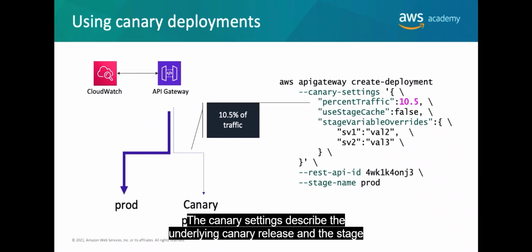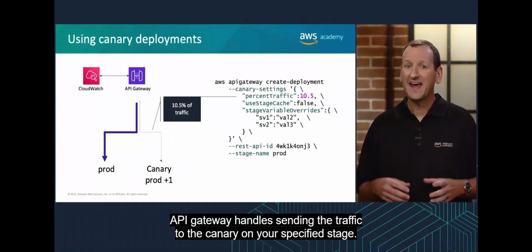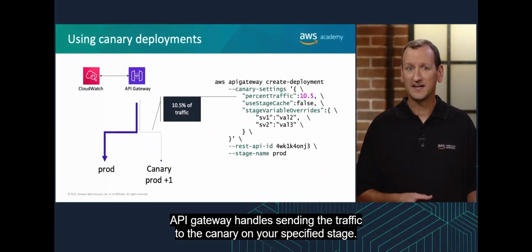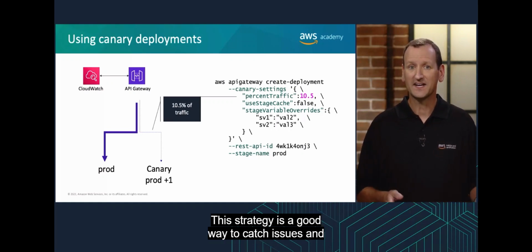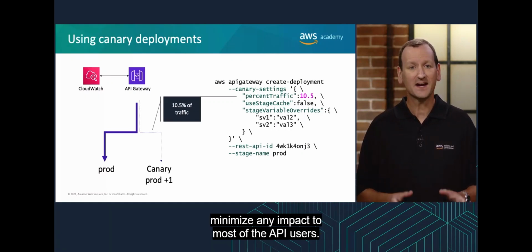The canary settings describe the underlying canary release, and the stage represents the production release of the API within this deployment. API Gateway handles sending the traffic to the canary on your specified stage. This strategy is a good way to catch issues and minimize any impact to most of the API users.